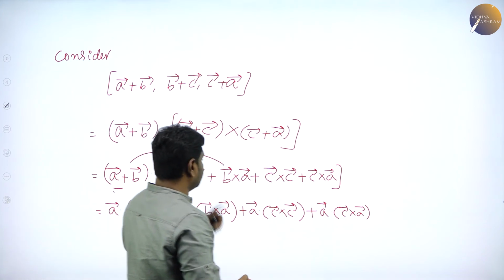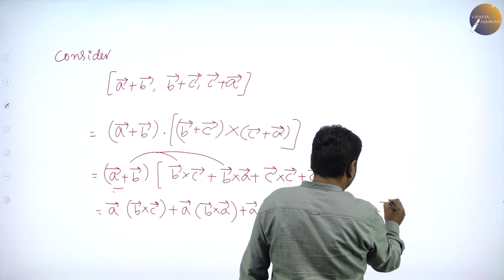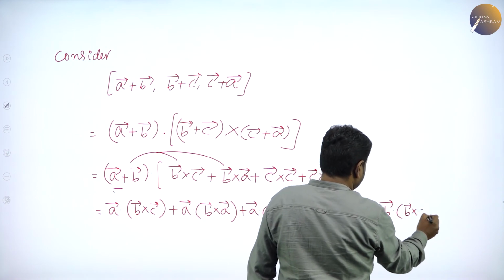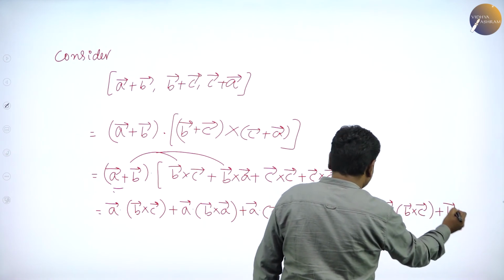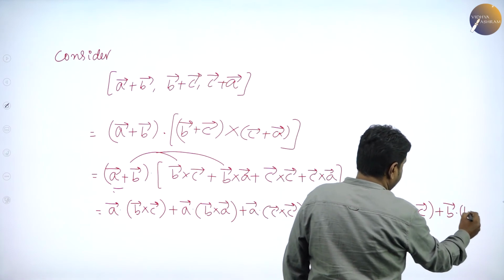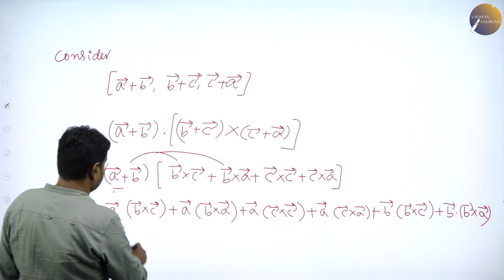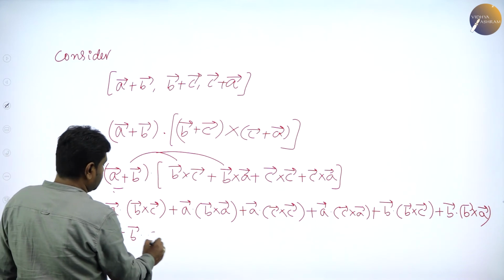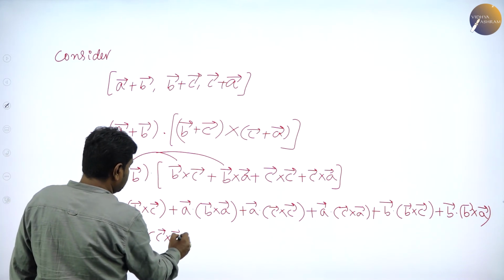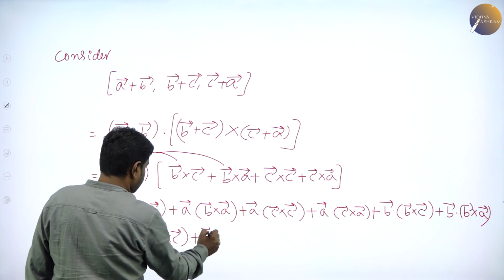So B dot B cross C plus B dot B cross A, then B dot C cross C, then B dot C cross A.